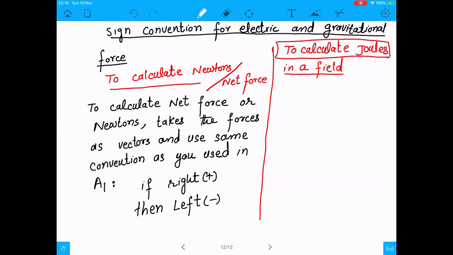If the direction towards right is positive, then the direction towards left is negative. Or more generally, if one direction is positive, then the opposite direction is negative.